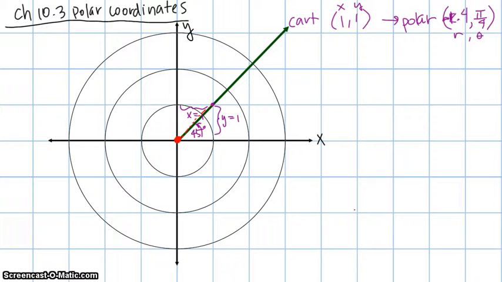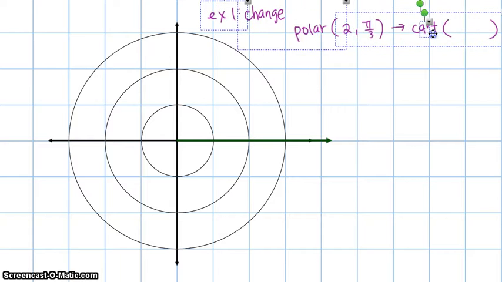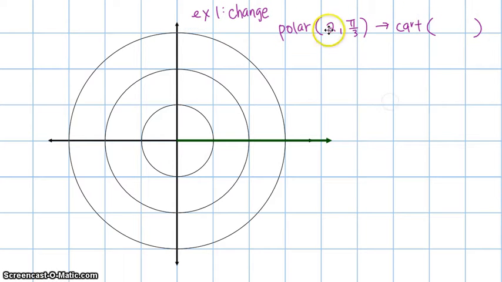Let's take a look at another example. We're given the polar coordinate (2, pi over 3). So again, in polar coordinate form, this is r and this is my theta. So the radius is going to be, here's 1, here's 2, and again, the importance is not the distance to the axes, but to this origin right here.